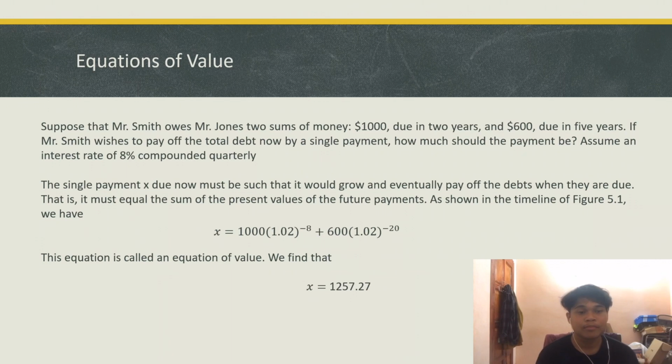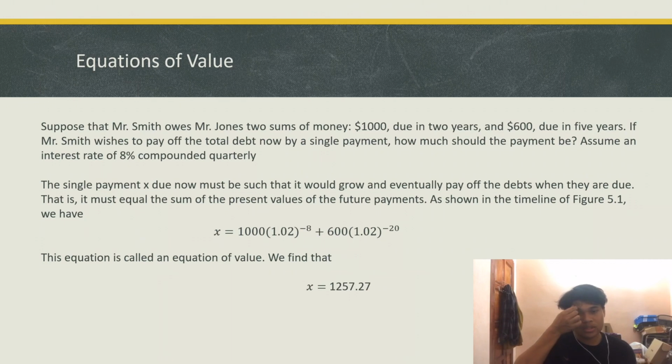We have that x is equivalent to 1,000 for the first payment, times 1.02, which is 1 plus i for that particular payment, to the power of negative 8, plus 600 multiplied by 1.02 to the power of negative 20.